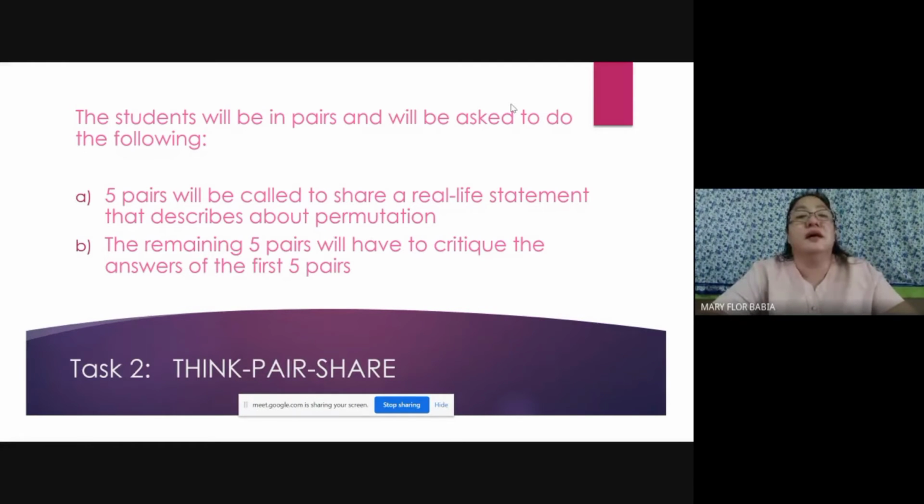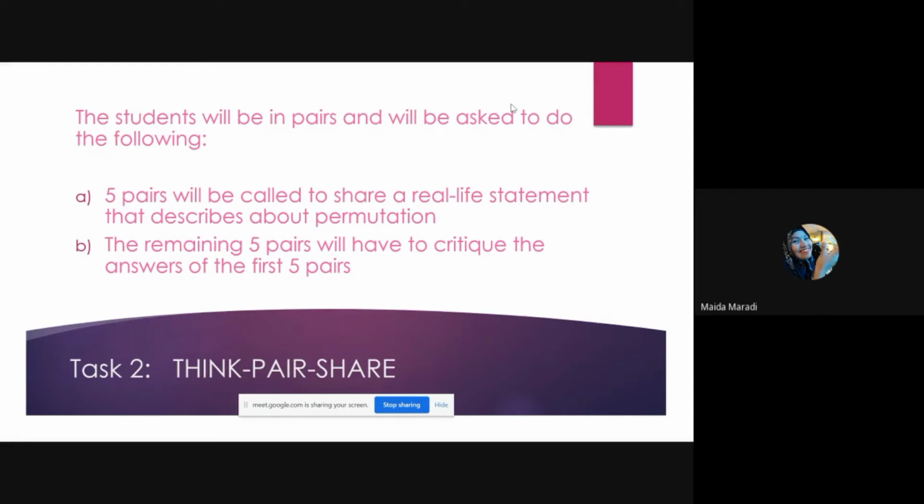Okay, Maida, can you give an example? That is an example of a permutation that can be experienced in our real life situation. 10 runners join a race. In how many possible ways can they be arranged as first, second, and third placers?